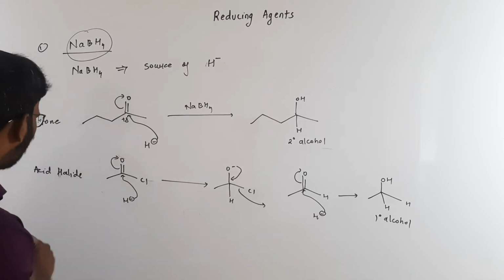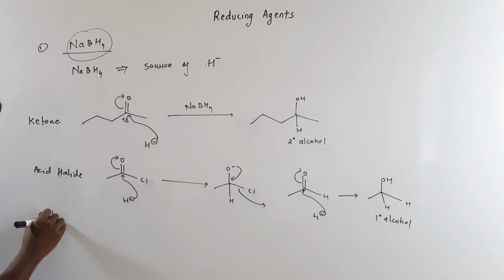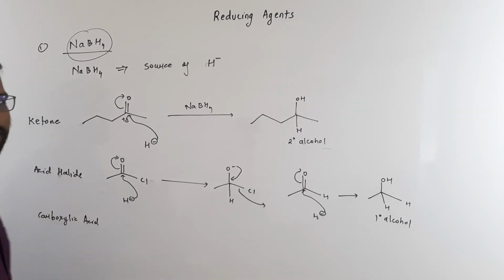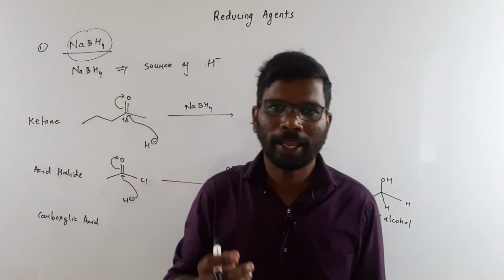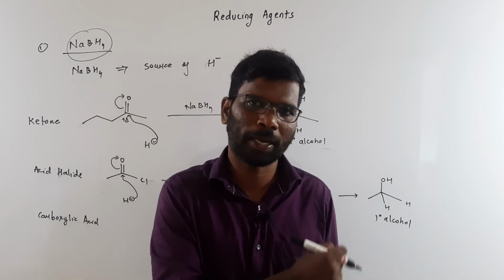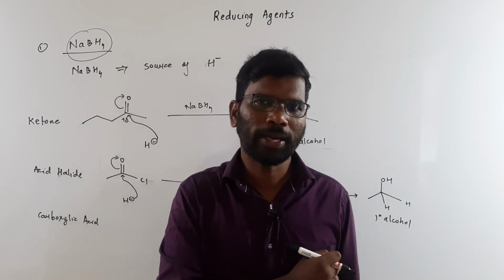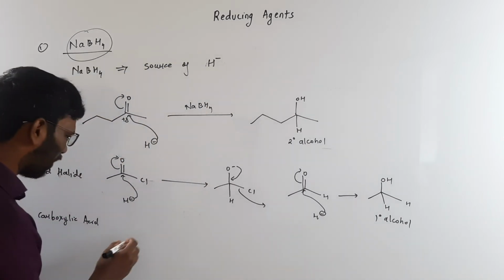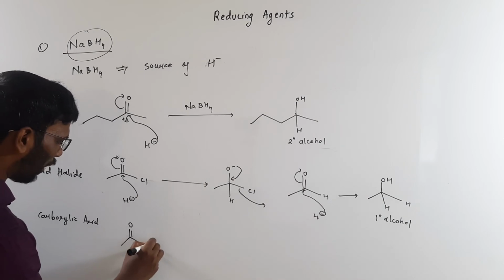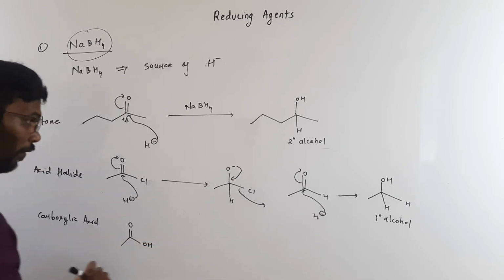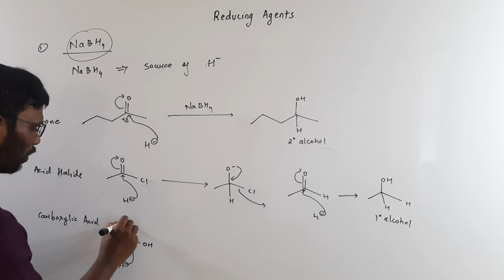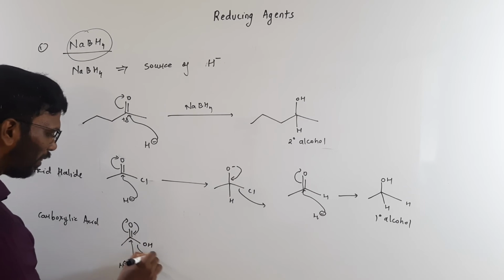And one more thing we can take is a carboxylic acid. What will happen to the carboxylic acid? If we are reducing a carboxylic acid, then first it will change to the aldehyde, then the primary alcohol, right? So here let's take this carboxylic acid, C double bond OH. Remember, OH is also a good leaving group. As soon as H minus attacks this, it will form a negative charge, then it will back bond and this OH will go.